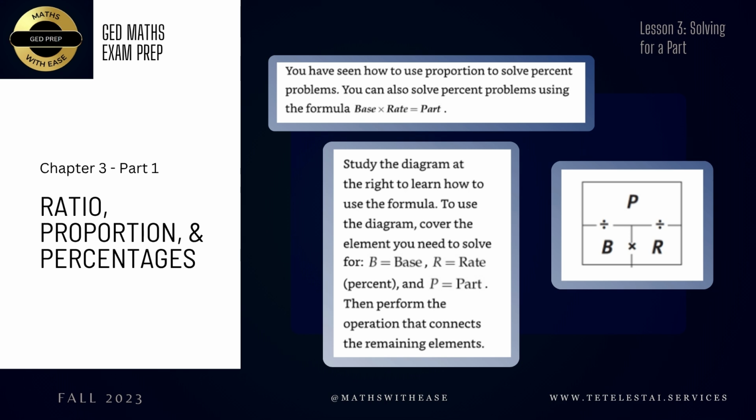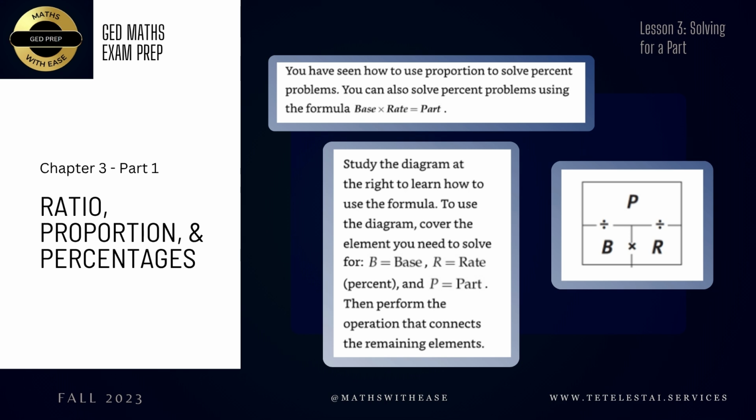So if P is covered, you know that you're going to multiply the base times the rate. If R is covered, you know that you're going to divide the part by the base. If the base is covered, you know that you're going to divide the part by the rate, okay?